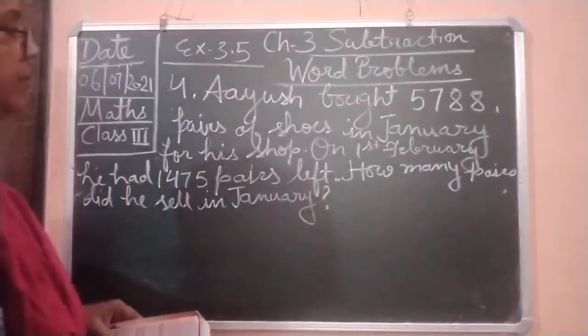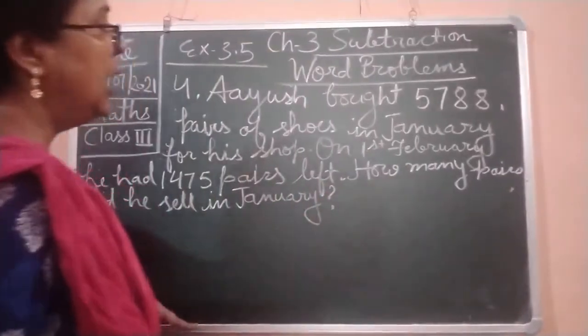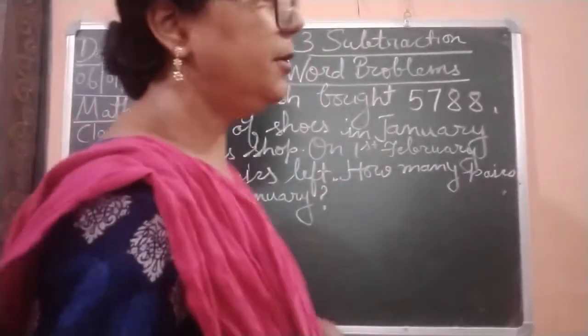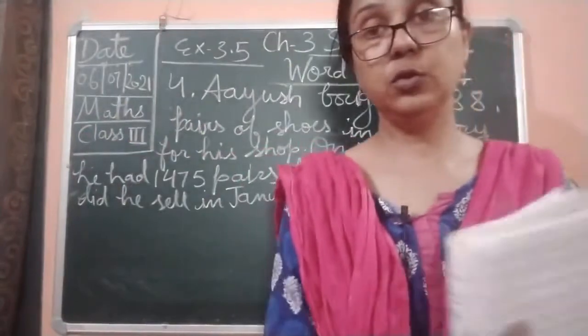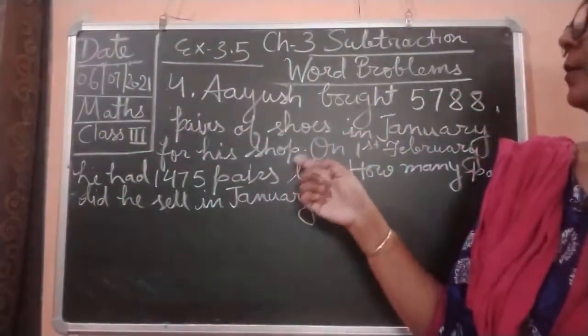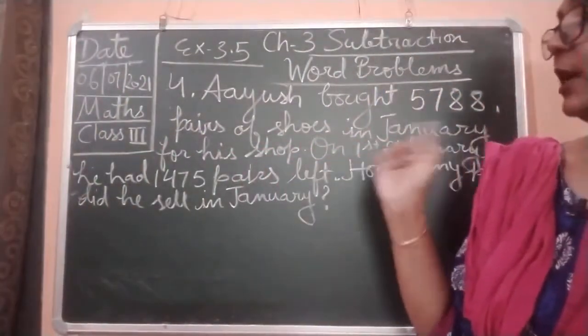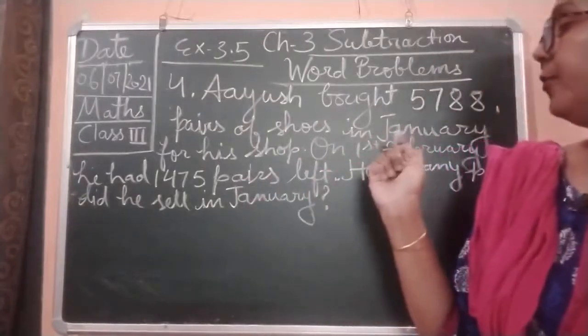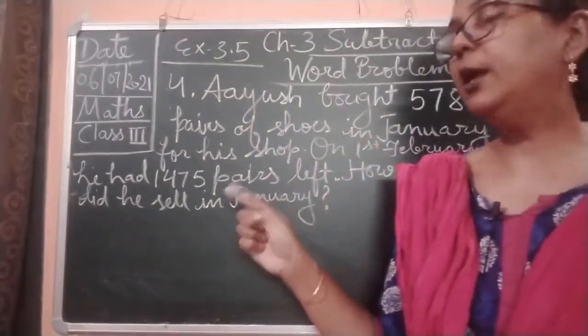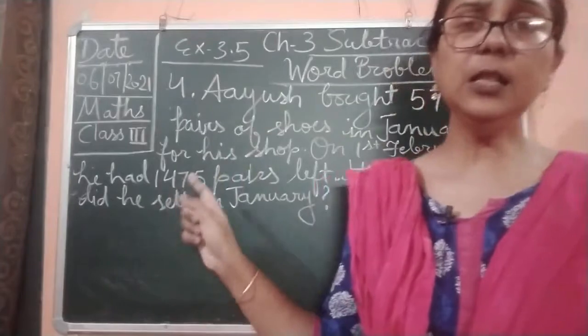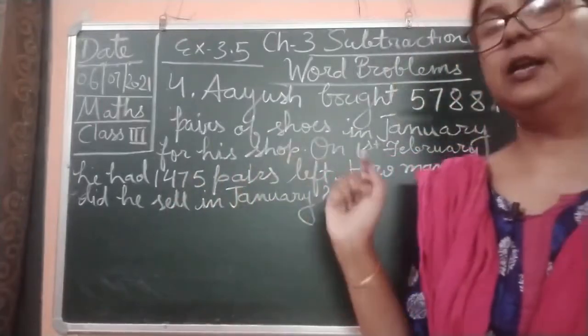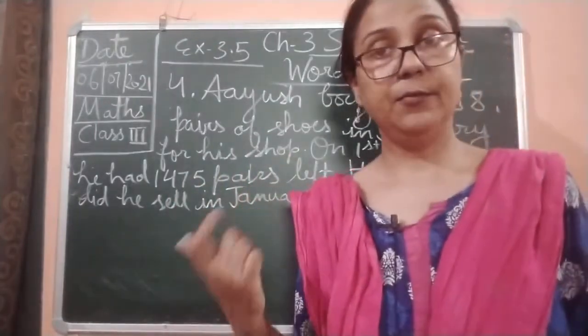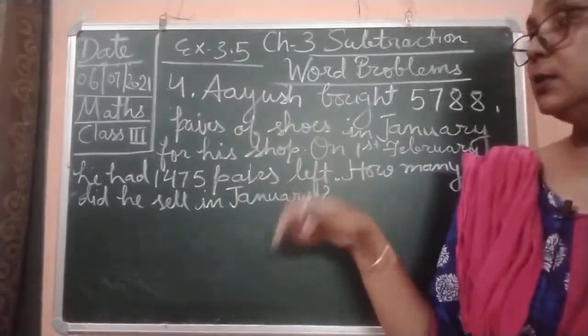In January. It means Ayush bought 5,788 pairs of shoes, and what happened in January? He did it for his shop. On 1st February he had only 1,475 pairs left in his shop.